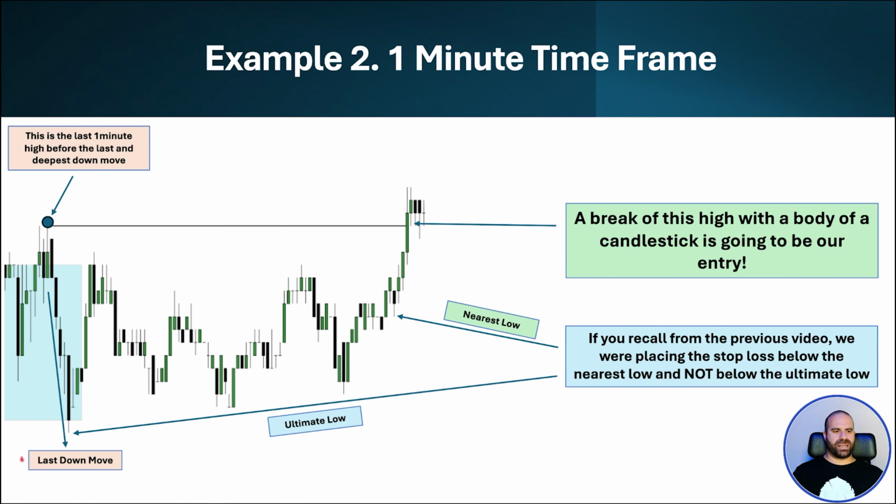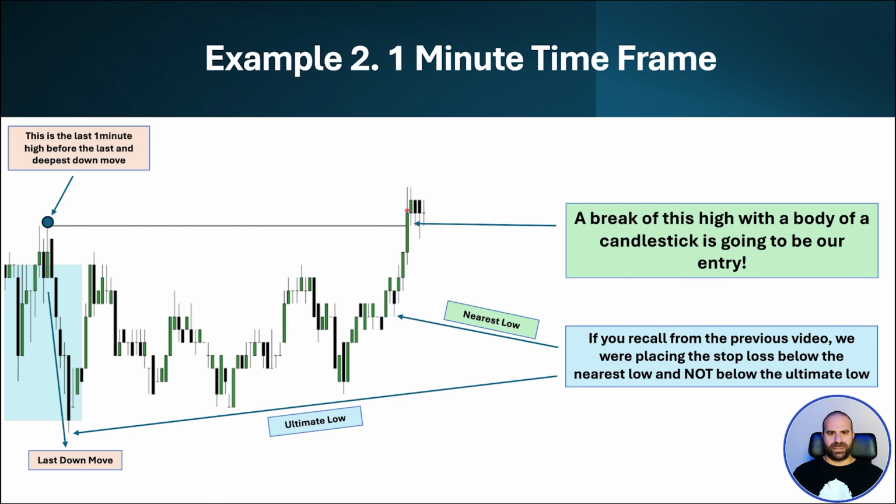Now this is the last down move. Remember the stop loss that I talked about previously. When we break with a body, this would be our entry. But the stop loss, I said in the previous one, would go above in the previous example, because we were selling. It went above the most recent high. In the previous example, this happened to be also the ultimate high.